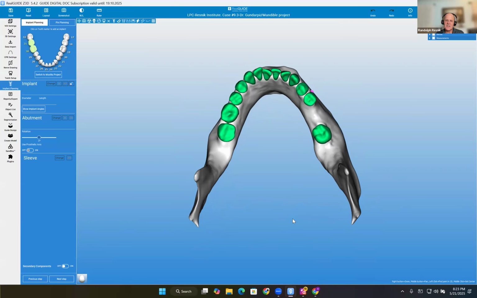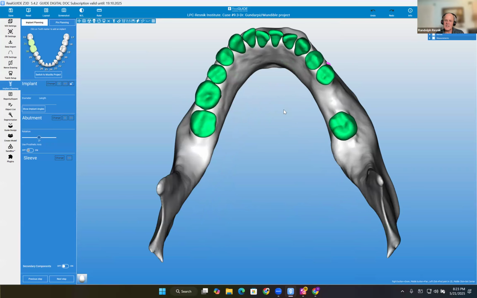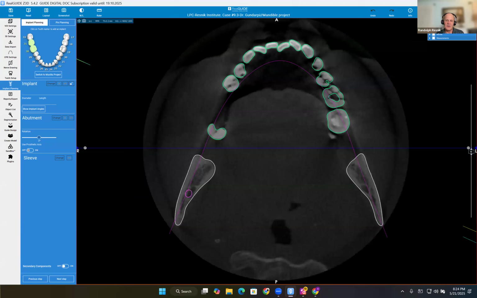So when we see a space like that, you see the bicuspid is a little bit buccally inclined. The second molar is a little bit tilted. Let's go ahead and look at it in an axial view, because that's one big tooth. If you would only do one implant, Doc, that would be very large.